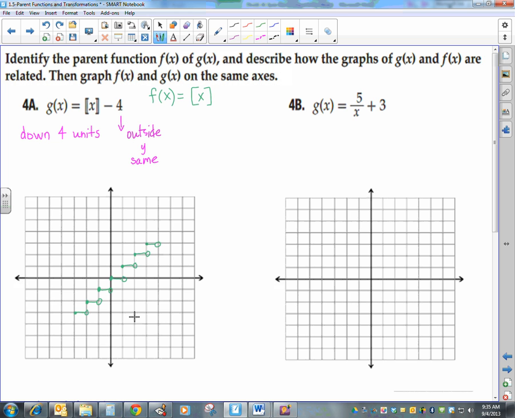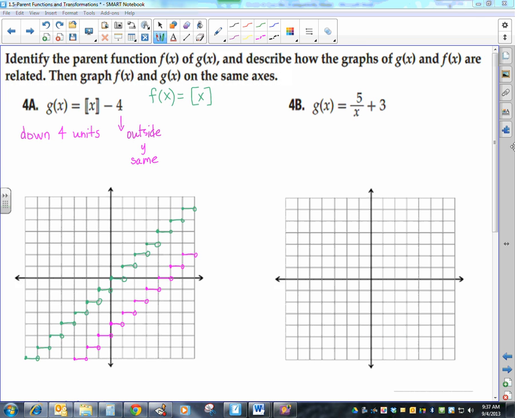Okay, that's my description. So wherever you start, it doesn't really matter. Take a point, go down 1, 2, 3, 4 units, and you draw it. And from there, it's the same pattern. So you would continue to fill up your graph from there.